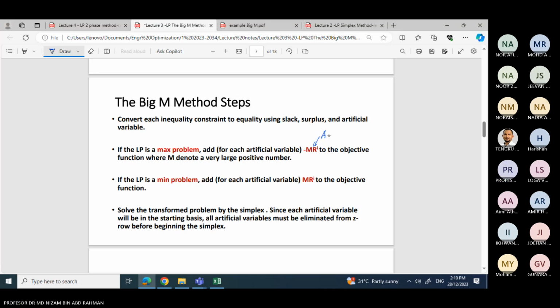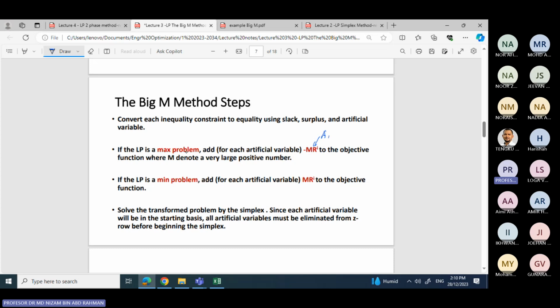If the linear programming is a minimization problem, then the multiplier for the artificial variables in the objective function would be plus M. The reason, as explained last lecture, is that you want to force the artificial variable not to be part of the solution.